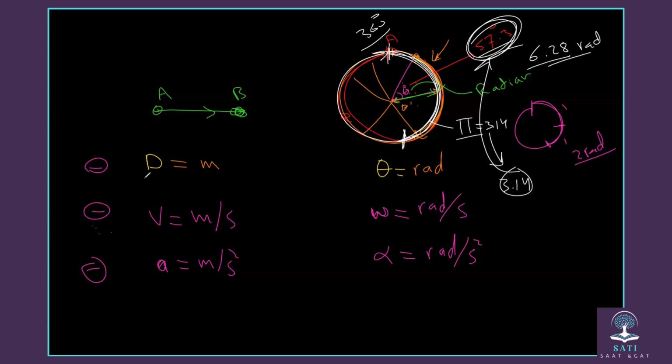Okay, now we understand what the radian means, that the unit of angular displacement is radians, and how many radians are in a whole rotation. Now we need to move to the second point, which is how we can convert. For example, the car. The car has tires, and these tires are in angular motion because they move in circles.